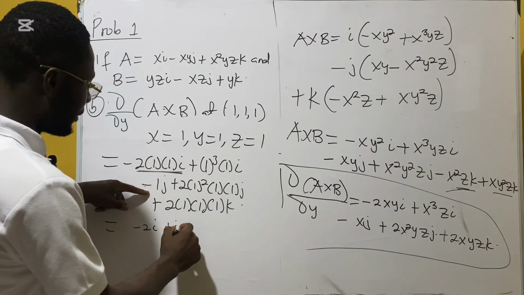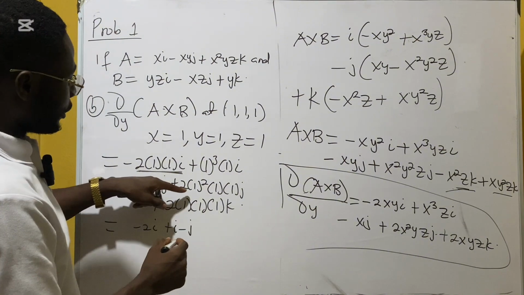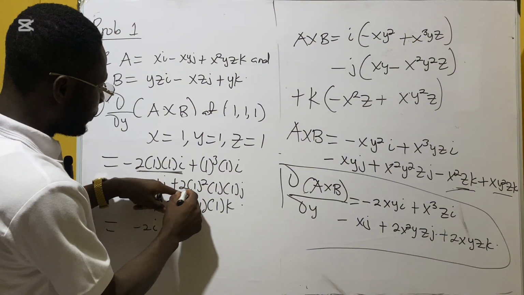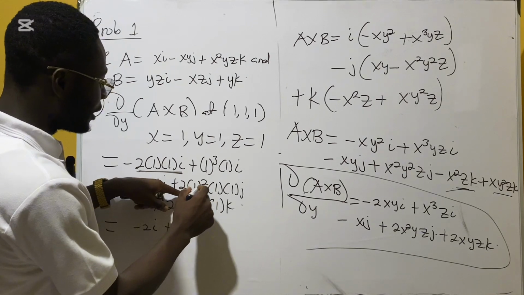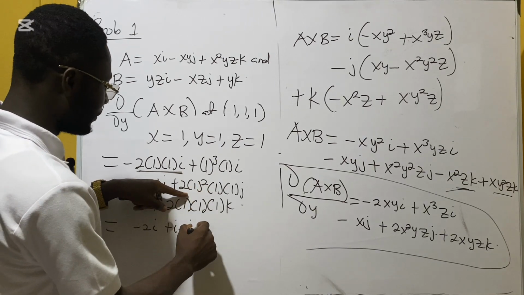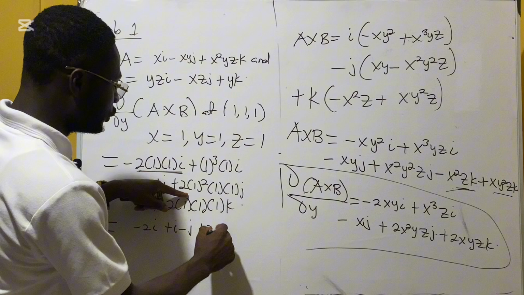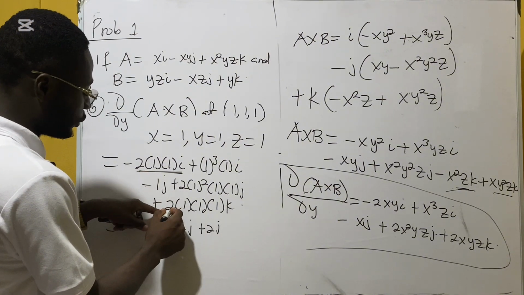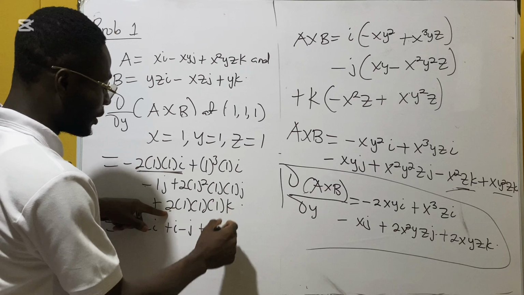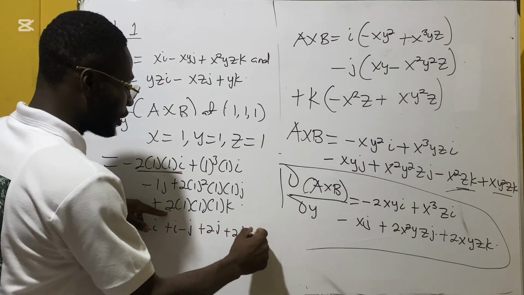And then minus j plus 2 into 1 squared times 1 is plus 2j. Then finally we're going to have plus 2 times 1 times 1, which is plus 2k.